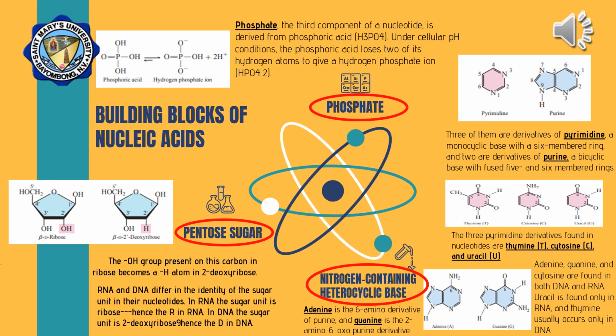As represented in the picture, adenine is the 6-amino derivative of purine, and guanine, on the other hand, is the 2-amino 6-oxopurine derivative. Adenine, guanine, and cytosine are found in both DNA and RNA. Uracil is found only in RNA, and thymine usually occurs only in DNA.